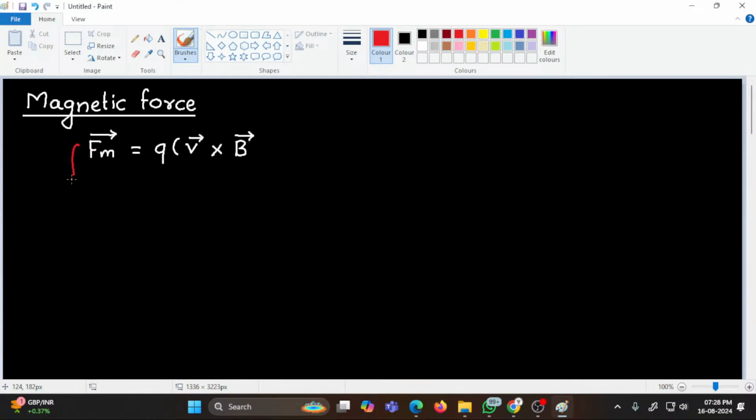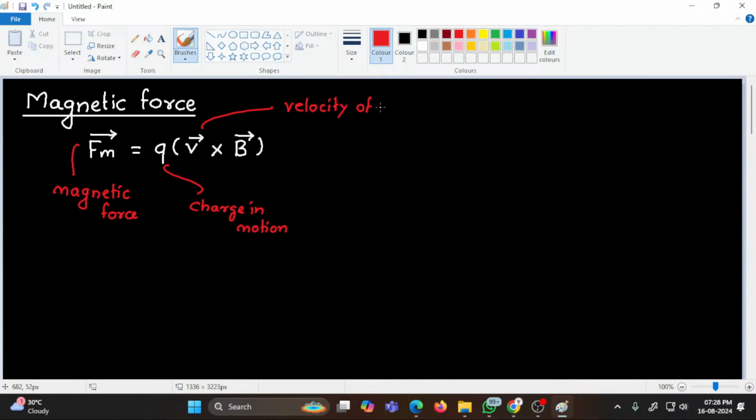Where this Fm bar is nothing but magnetic force, Q is nothing but charge in motion, V is the velocity of that charge, B is magnetic field. So Fm is equal to Q in bracket V bar cross B bar.